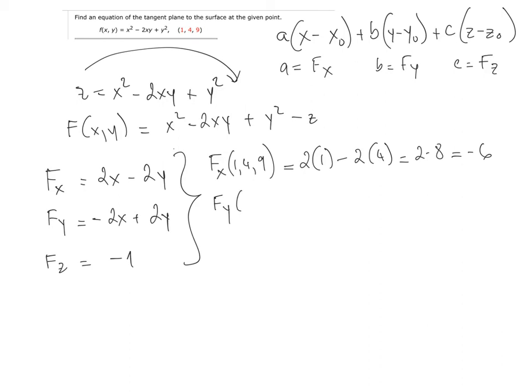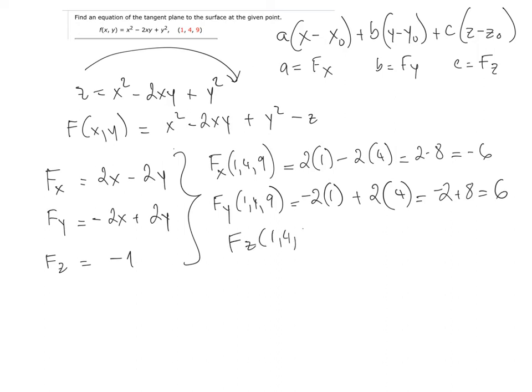Same thing for y. At the point (1, 4, 9), you will get negative 2 multiplied by 1 plus 2 multiplied by 4, equals negative 2 plus 8. You will get 6. And then the partial of z at (1, 4, 9) will just be negative 1.